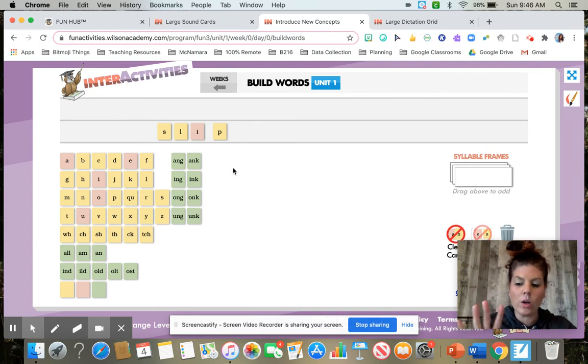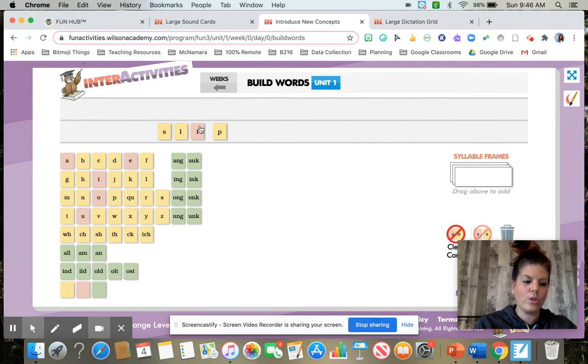Slip has 4 sounds because the S and the L make their own sound. S and L have their own cards because each one makes their own sound, unlike sh in ship, which is made with only 1 card because S and H together say sh.